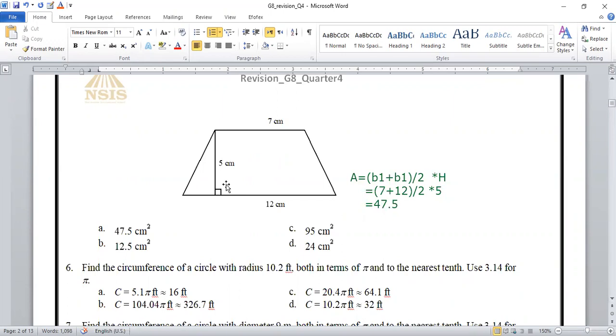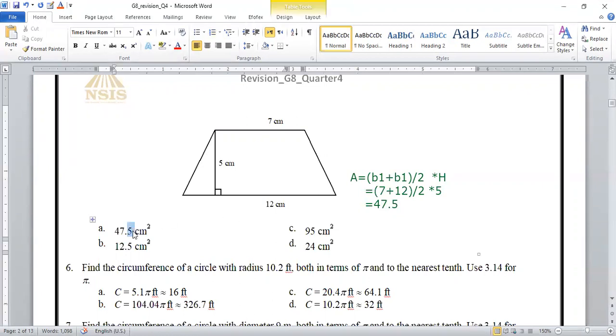By using the rule of the area of a trapezoid, area equals the average of the two bases, 7 plus 12 over 2, times the height, times 5, equals 47.5. The answer is number A.